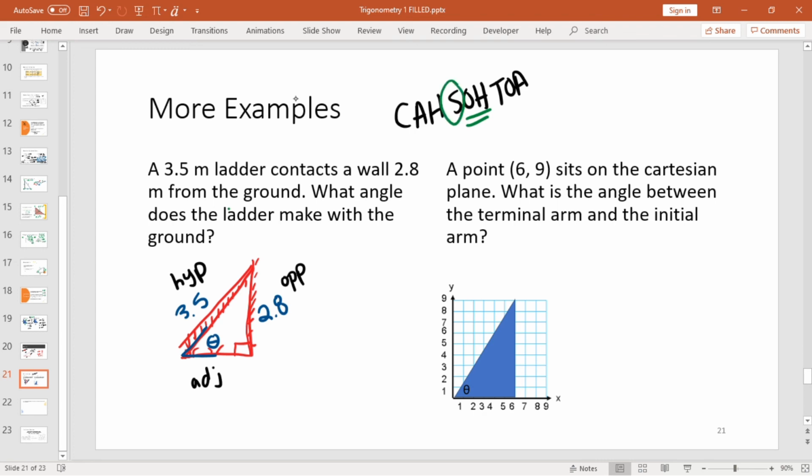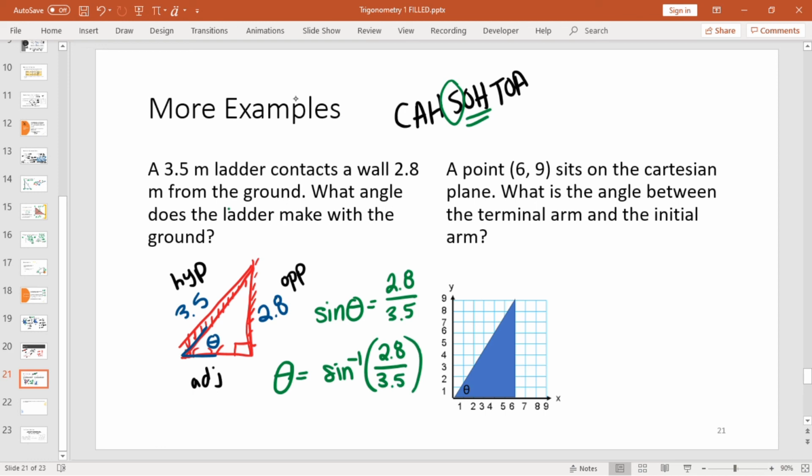Okay, so the math now is going to be sine theta is equal to opposite over hypotenuse, 2.8 divided by 3.5, and this time I'm going to set it up so I can do all the math all at once, which means that the angle must be equal to this angle finder button for sine.